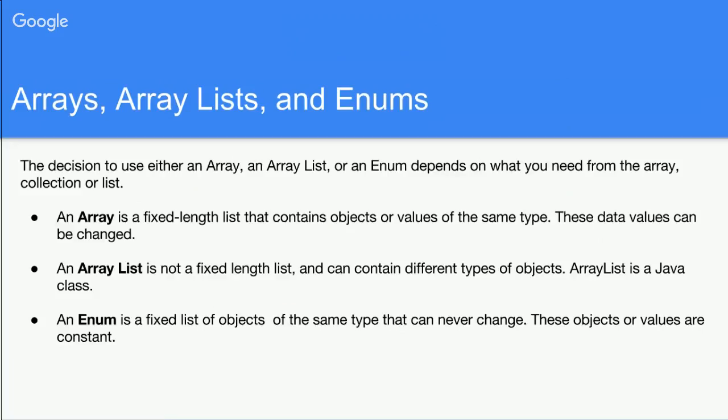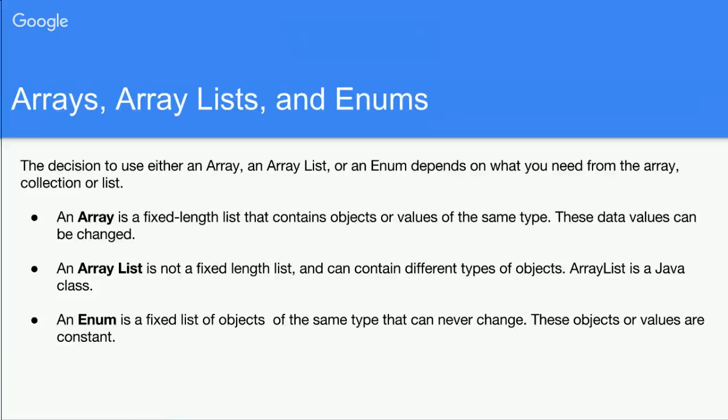Arrays, array lists, and enums. These are interesting. The array is just a list, and it's a fixed size, and all the objects or values in the list are all of the same type. Each index can be empty or null, so they can change, but they're fixed length, and they all have to be the same type.